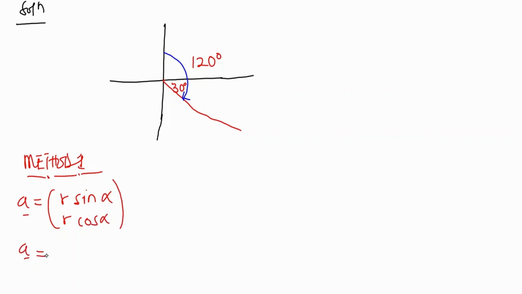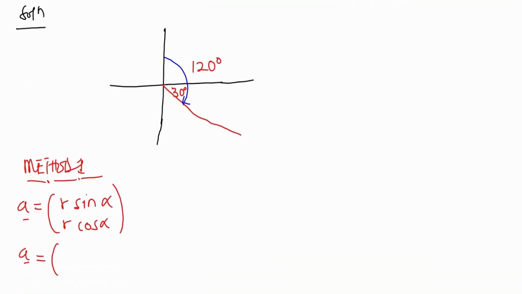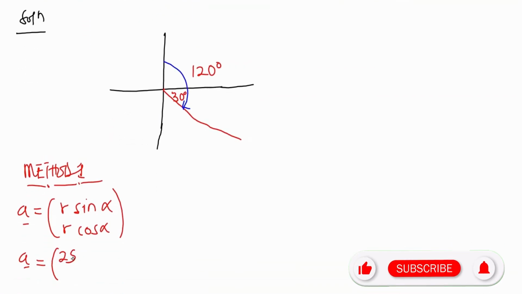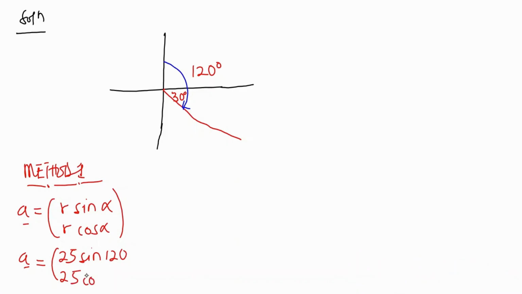Alpha is now equal to, we know our r here. Now r was giving us 25. So that is 25 sine of, now alpha is 120, and then the same thing as 25 cos of alpha, and alpha you know to be 120 degrees.